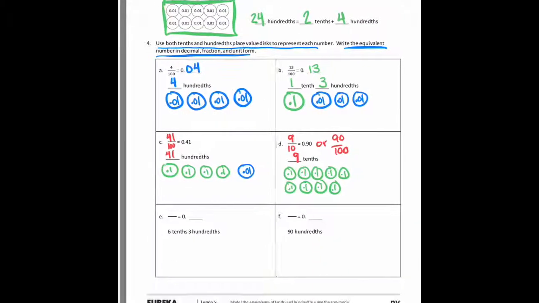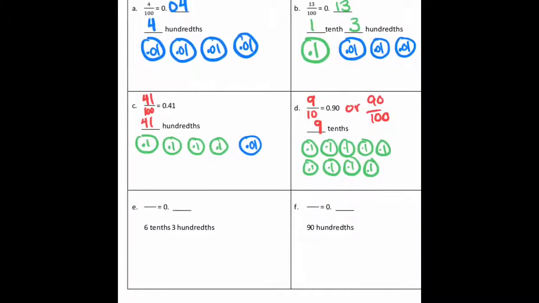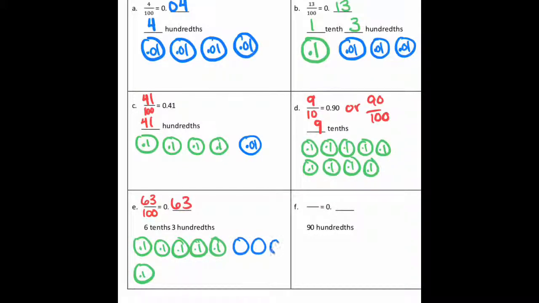Okay. Part E, they just have 6/10ths and 3 hundredths, which we know would be the same as 0.63 or 63/100, which would be 6/10 place value discs and 3 hundredths place value discs. And here are the 3 hundredths.